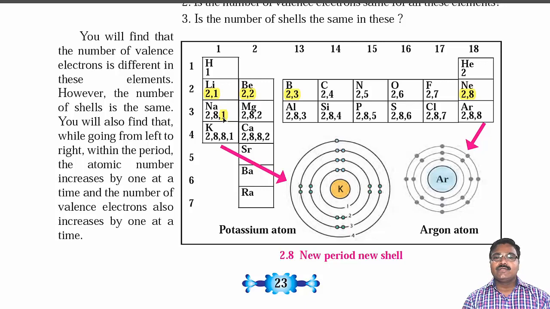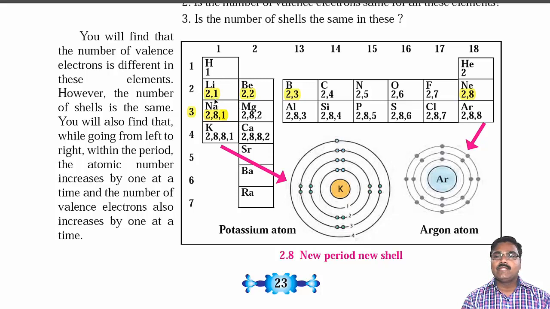Now here you can see the shell numbers, that means the number of shells present in an atom of an element, is nothing but the period number of that element. Hydrogen and helium have only one shell, therefore they are in the first period.